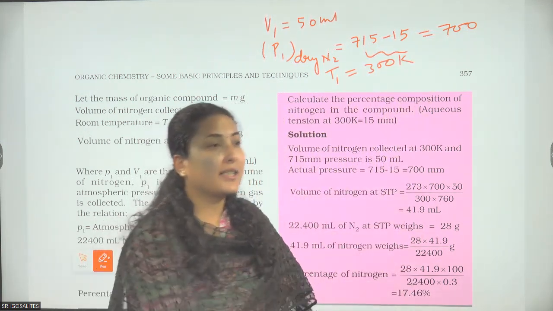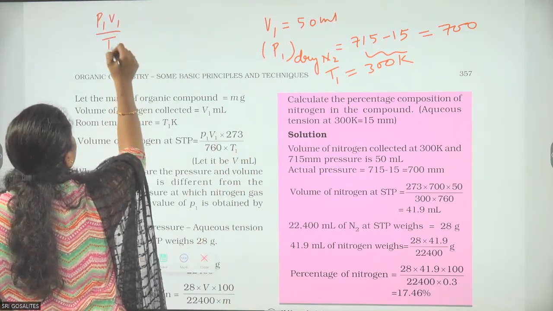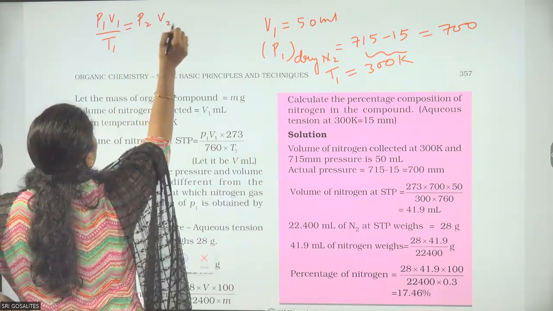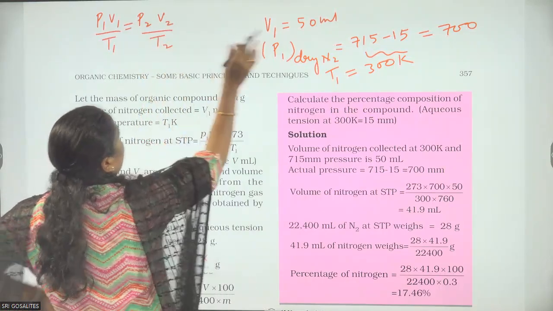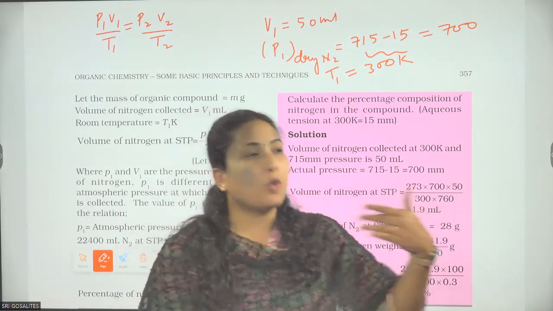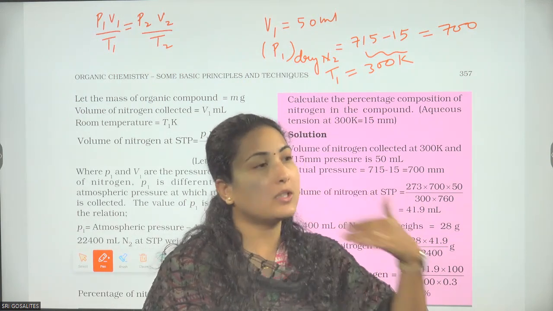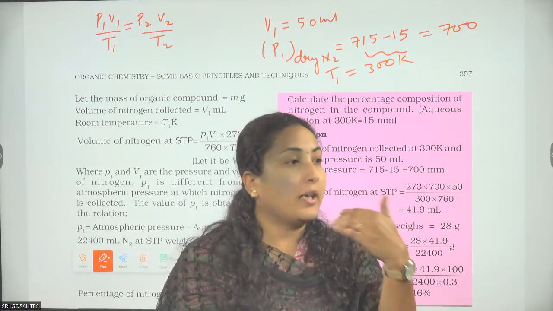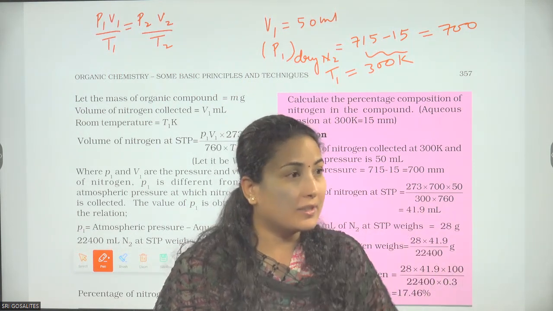Now you have already studied in the gaseous state that P1V1 by T1 equals P2V2 by T2. This is the volume of nitrogen collected at non-STP condition, so what volume of nitrogen will be collected at STP condition? That is, how much of the volume will correspond to STP condition?